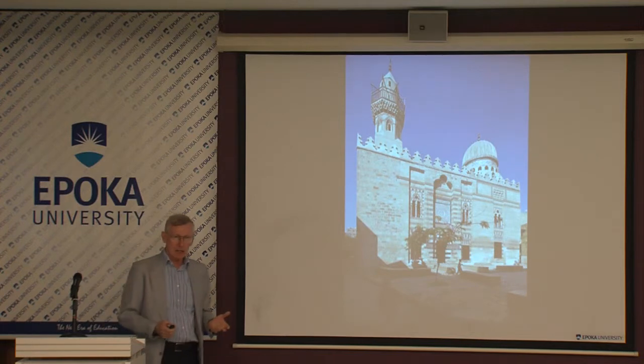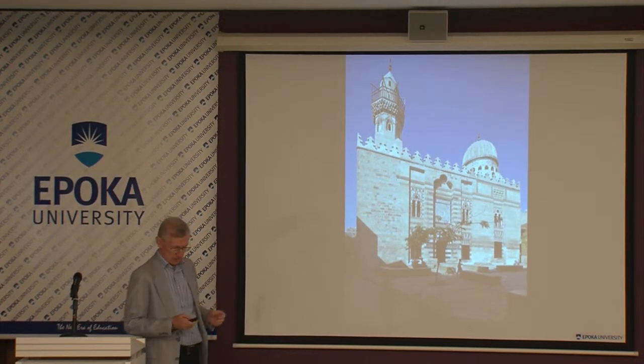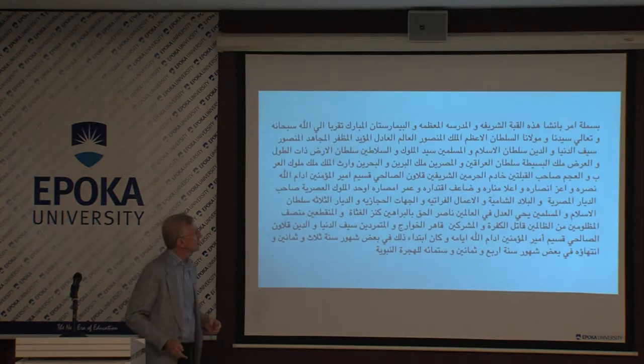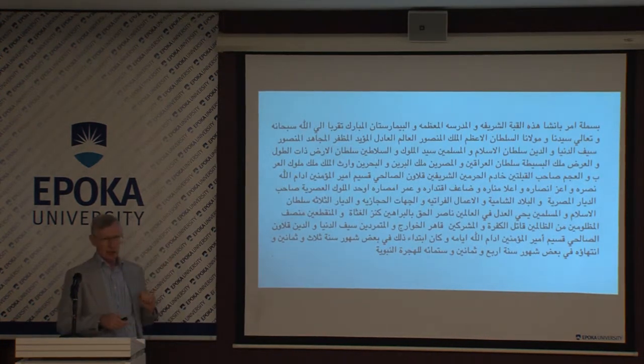What does it contain? Not a Quranic inscription, but in fact, it has a foundation inscription giving the name and titles of Qalaun. This is how it looks in Arabic.